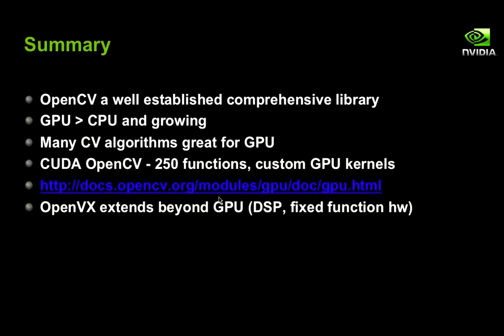Right. So the one advantage that comes to my mind is the fact that not many functions in OpenCV are actually ported over to use multi-core CPU. If you look at the functions that use the TBB library, for example, they're much fewer.